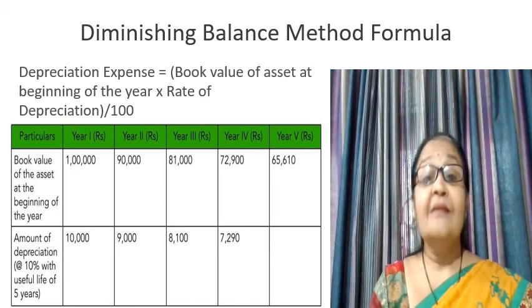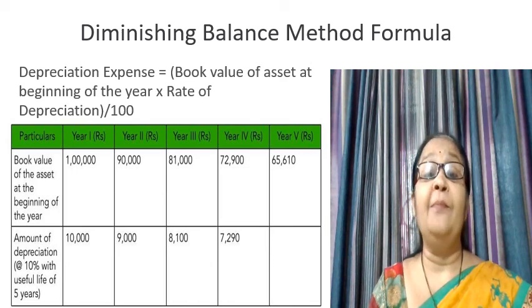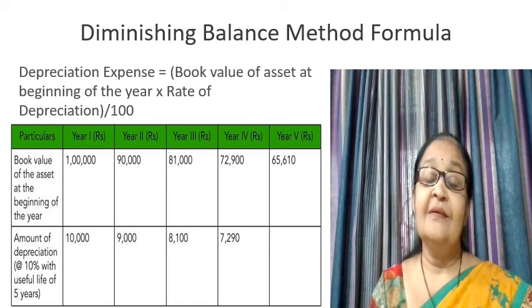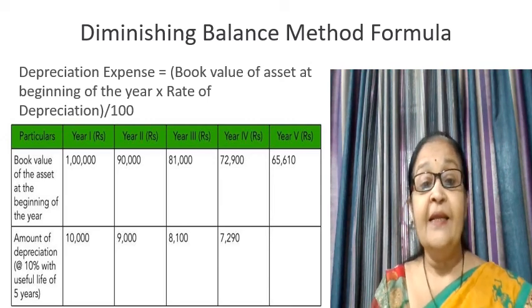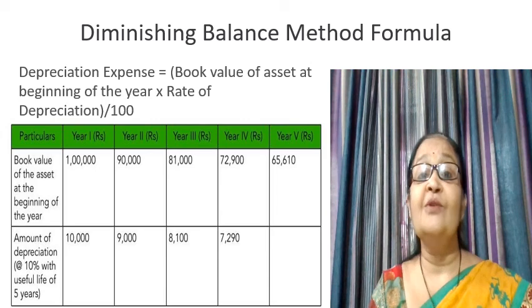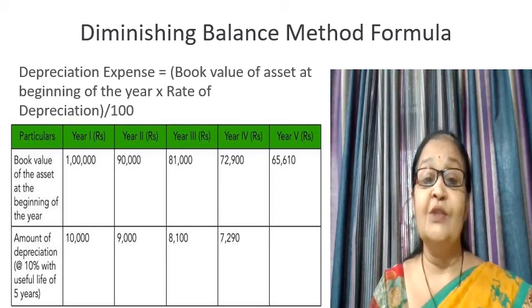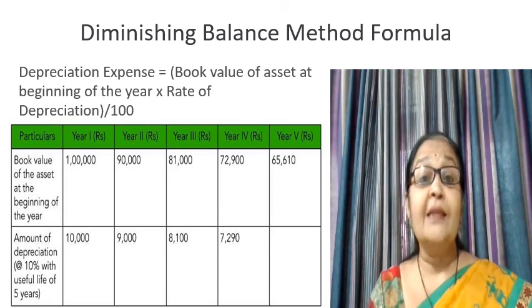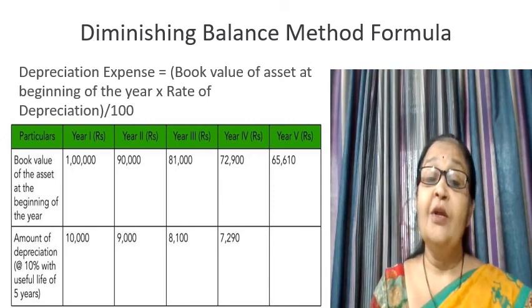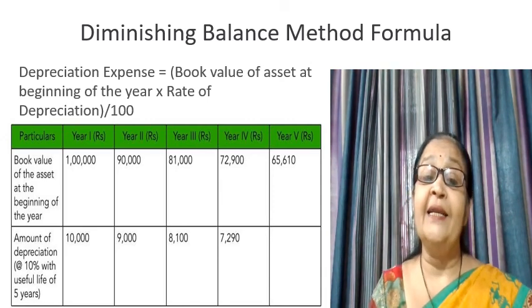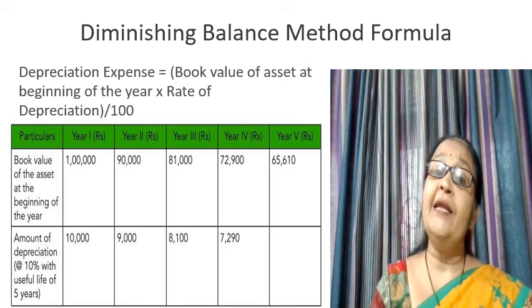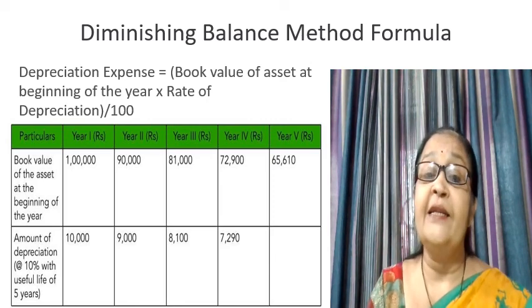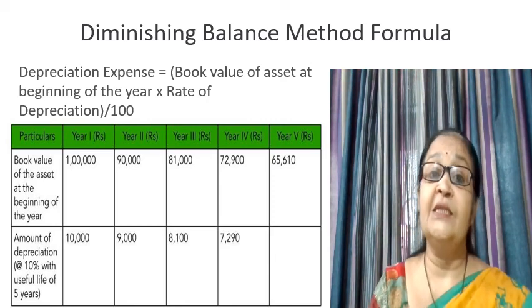In year 3, we will be providing 10% on 81,000. We have the value of depreciation as 8,100. If we deduct rupees 8,100 from 81,000, at the beginning of year 4, we have 72,900 as the book value of the asset. Again, apply 10% on 72,900 for year 4 as the depreciation value.